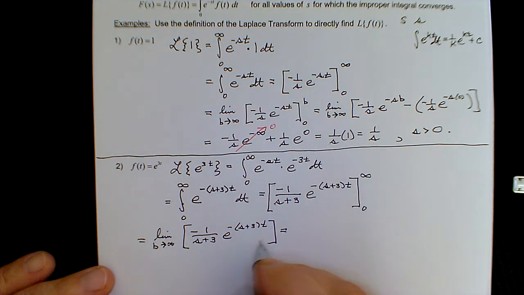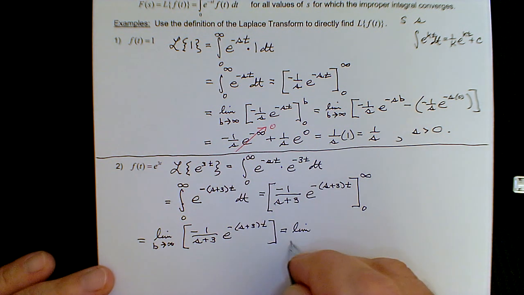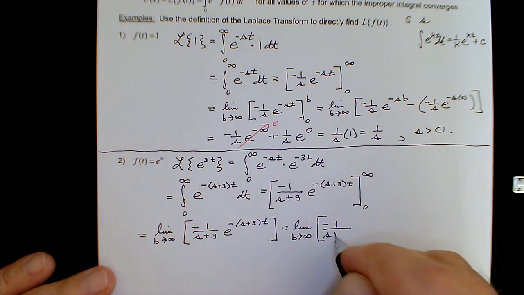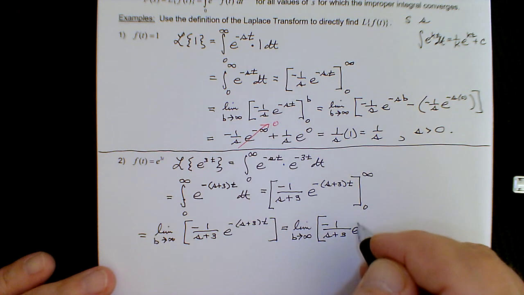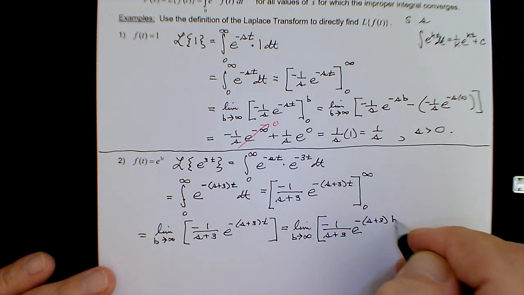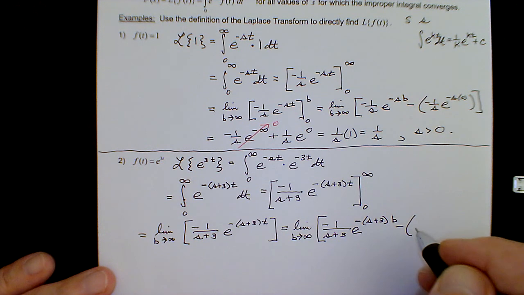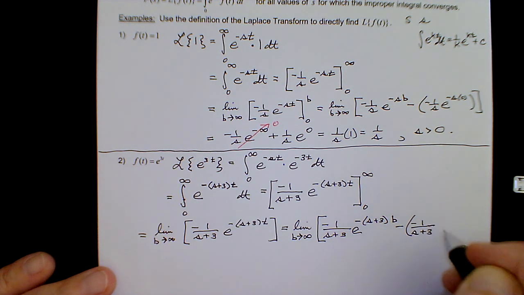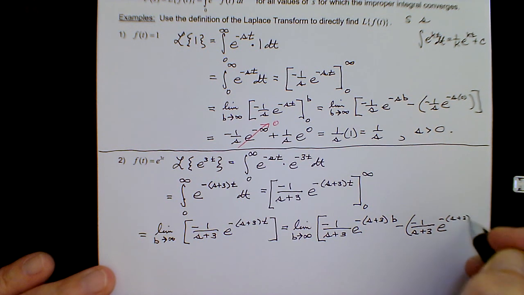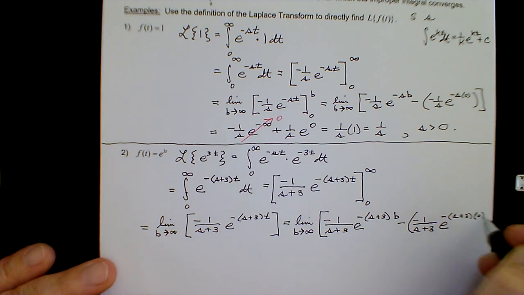You could skip that step and jump right to, at the same time, using the fundamental theorem of calculus, writing this as negative 1 over s plus 3 e to the negative s plus 3 times b, and then minus a minus 1 over s plus 3 e to the negative s plus 3 times 0.